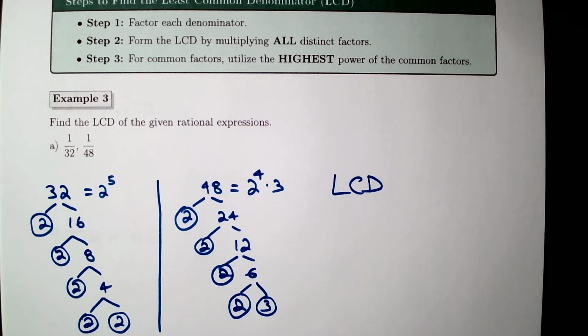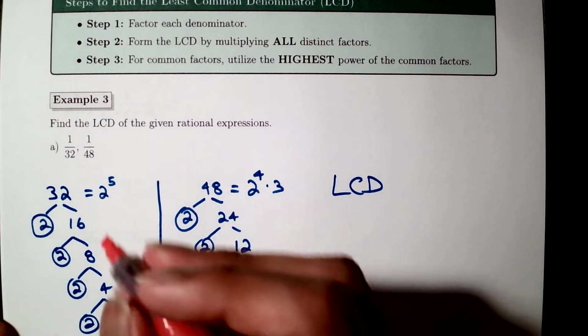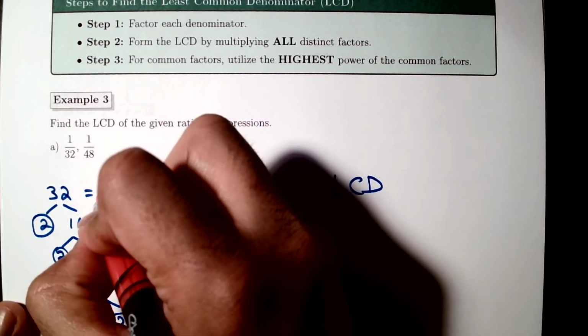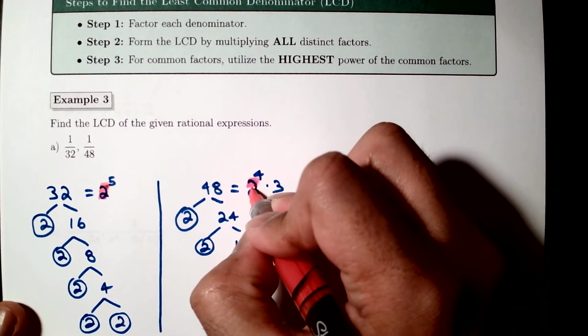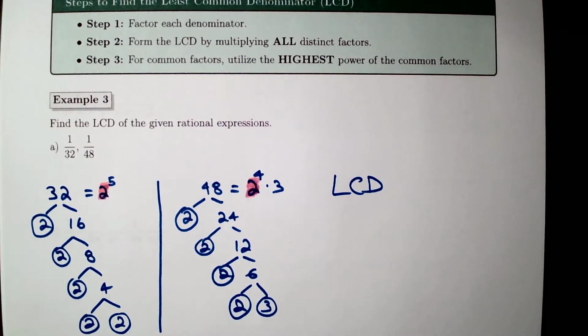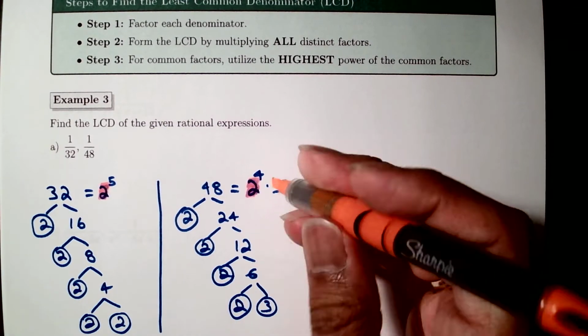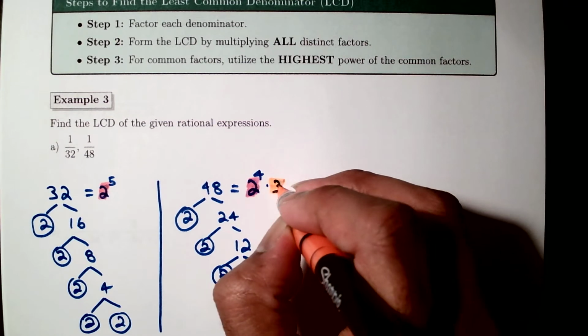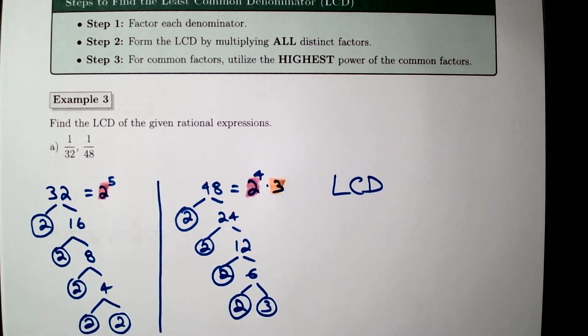One of them is the number 2 that I'm going to highlight with pink, and the other factor is the number 3 that I'm going to highlight with orange. So how are we going to do that?